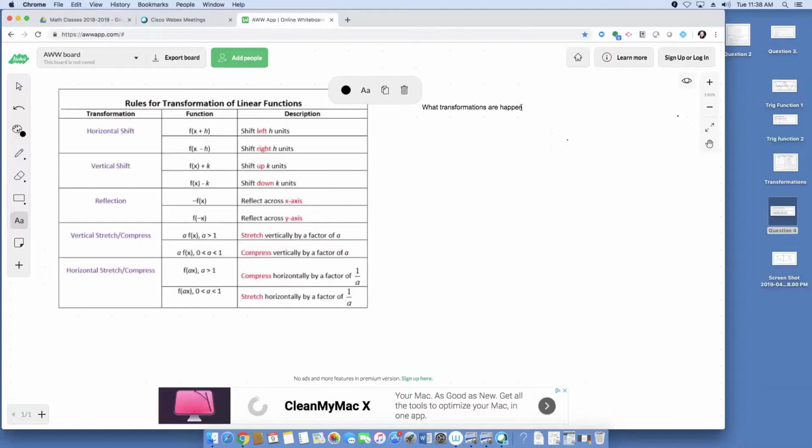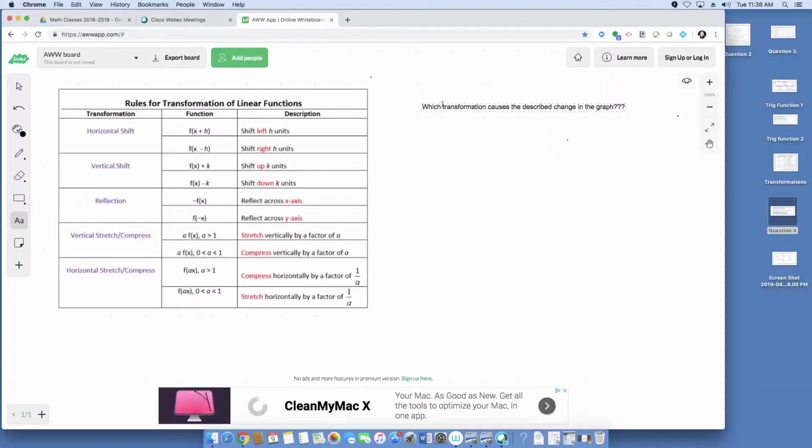So the question is, what transformations? Let me rewrite this so you guys have it exact. Which transformation causes the described change in the graph? Okay. And again, if this is too tiny, just let me know.